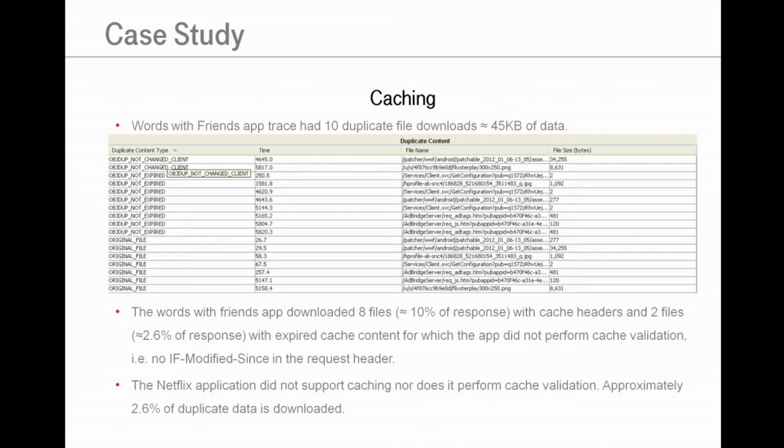So this was one of the tests that we did using the Words with Friends app. And as you can see, that app downloaded a bunch of duplicate objects. Even though the number of files was just 8, 10% of responses were duplicates.